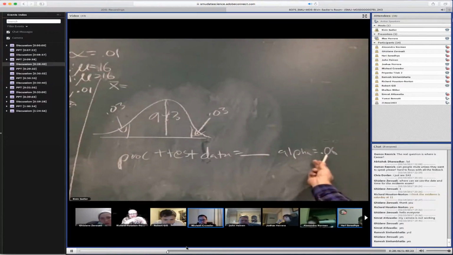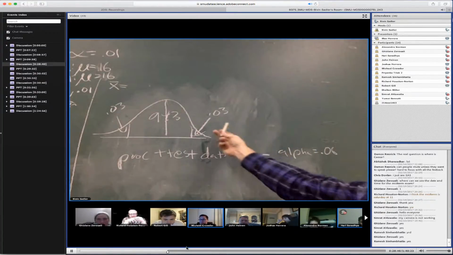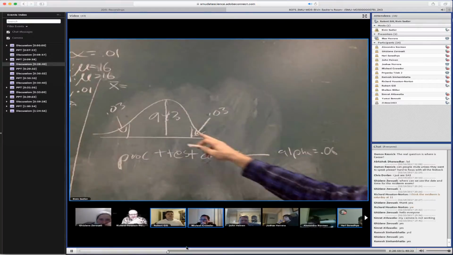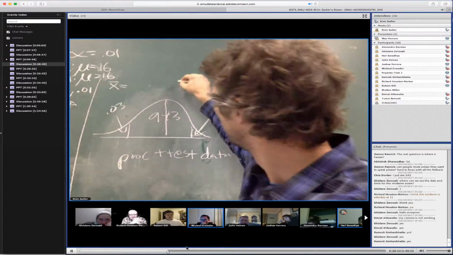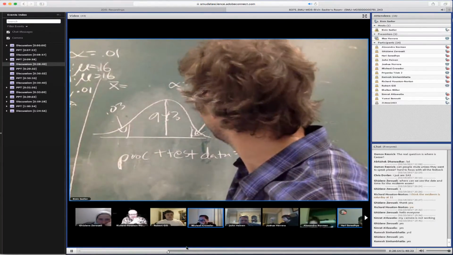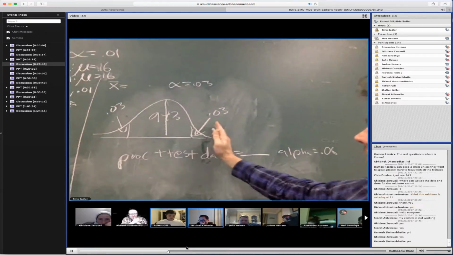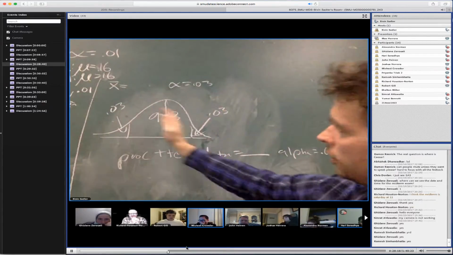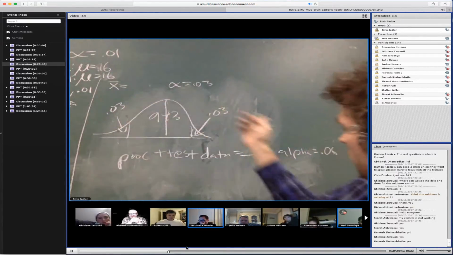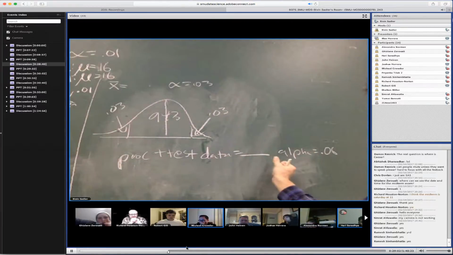To get that two-sided confidence interval that'll always agree with it, if this is an alpha 0.03 one-sided test, you put the 0.03 over here, you double it on the other side, that's an alpha 0.06 two-sided test, and you're running a 94% confidence interval that will always agree.